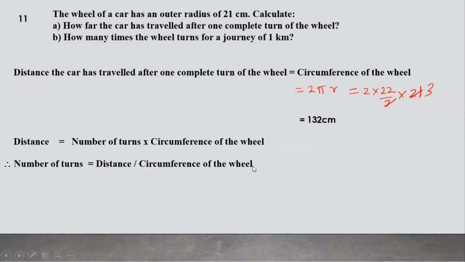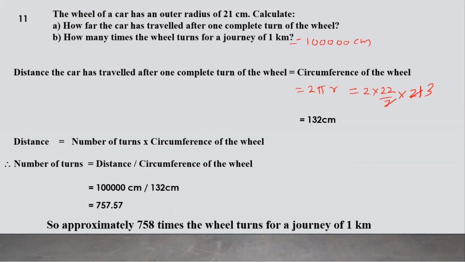So we need to convert 1 kilometer into centimeter. So 1 kilometer is actually 1 lakh centimeter. 1, 2, 3, 4, 5 zeros. Okay. So let us put the value here, and 1 lakh centimeter divided by 132 centimeter, we get 757.57. On rounding it up, as we are talking of number of turns, we can say that approximately 758 times the wheel turns for a journey of 1 kilometer.